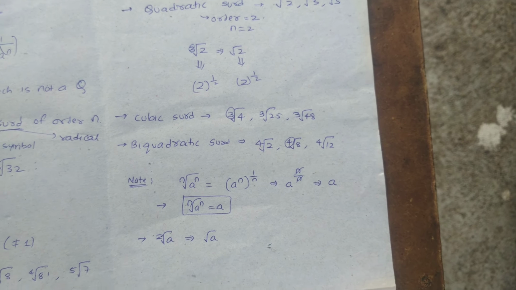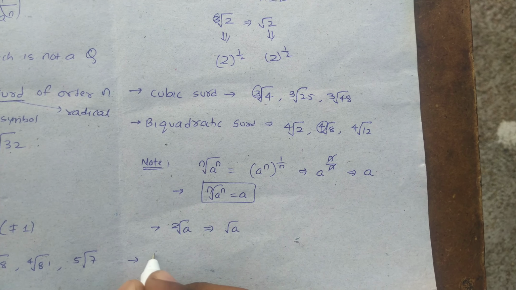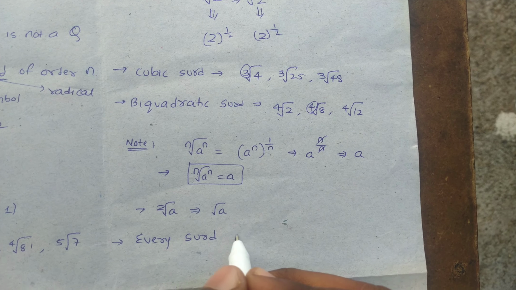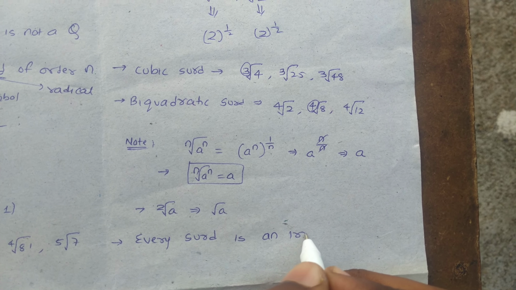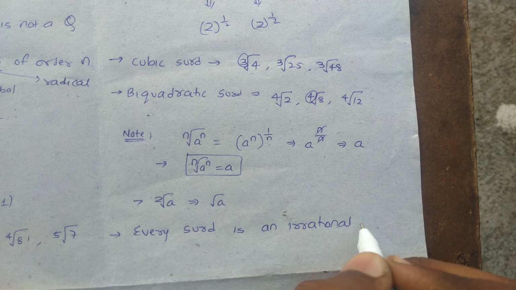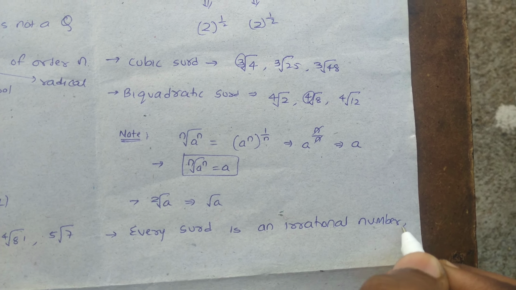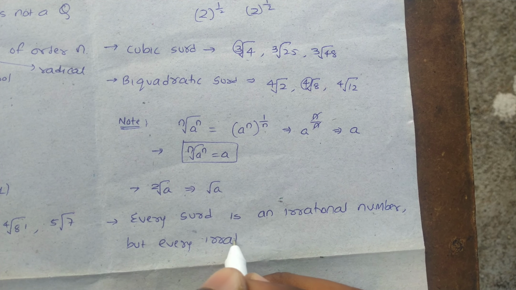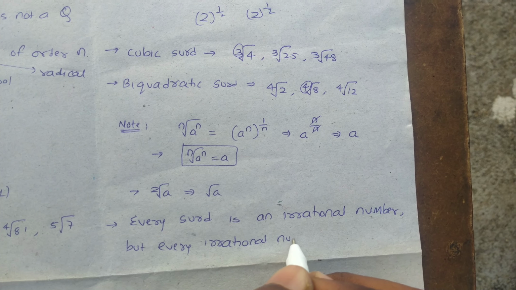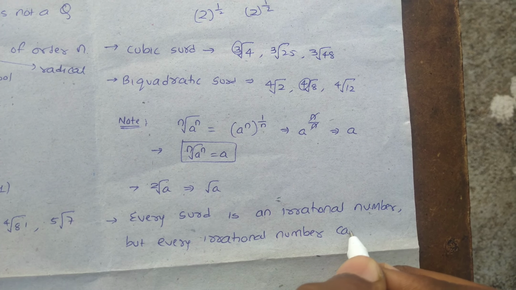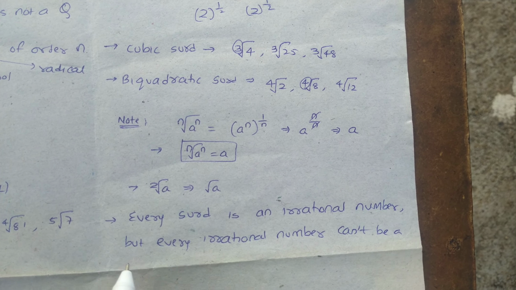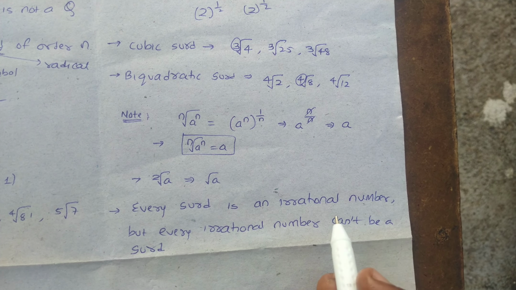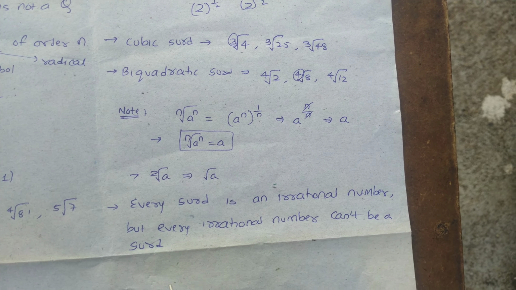You have one more condition: every surd is an irrational number, but every irrational number need not be a surd.